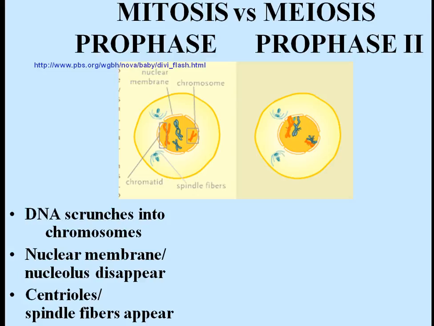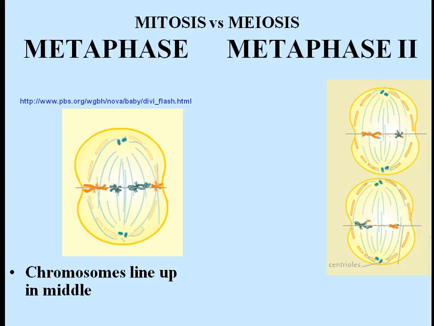Okay, so this is actually the easiest part of meiosis. Basically, what I'm just going to show you is that all the second phases of meiosis are going to be the exact same phases as mitosis. So in prophase 2, the DNA is going to scrunch into chromosomes, the nucleus will disappear, centrioles, spindle fibers will appear, and like I said, same as mitosis. Metaphase, the chromosomes are going to line up in the middle, same as mitosis.